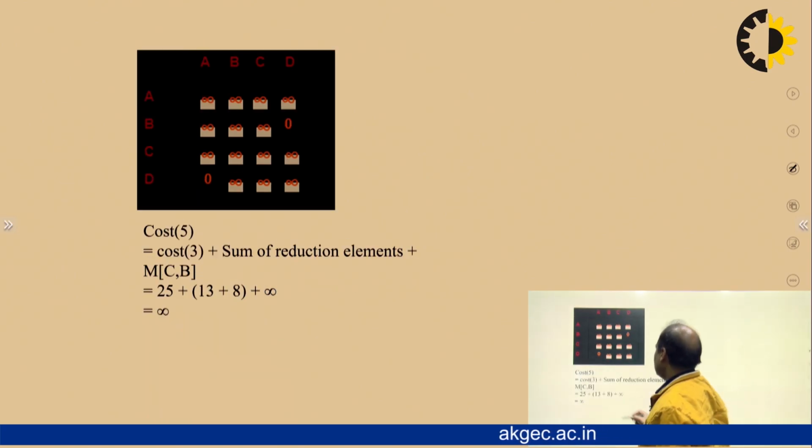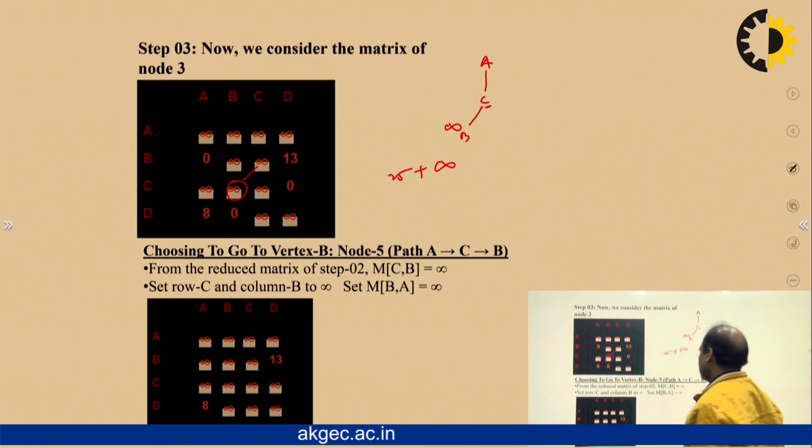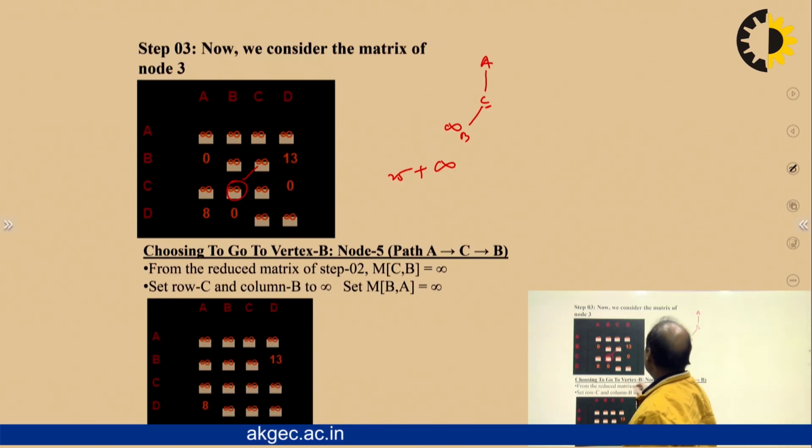So see here, the cost of 5, 25, 13 plus this becomes infinity.